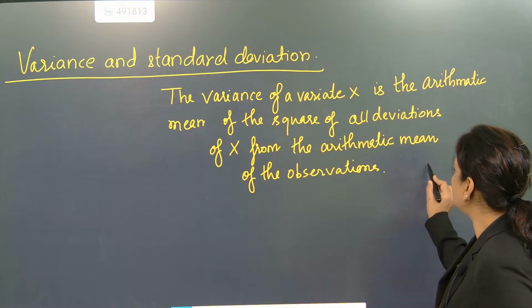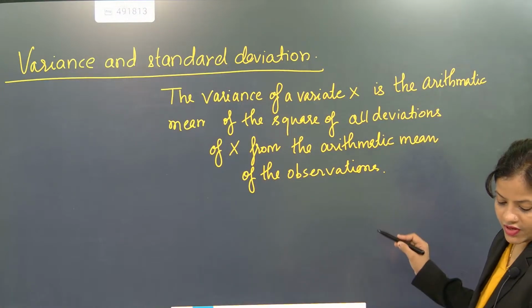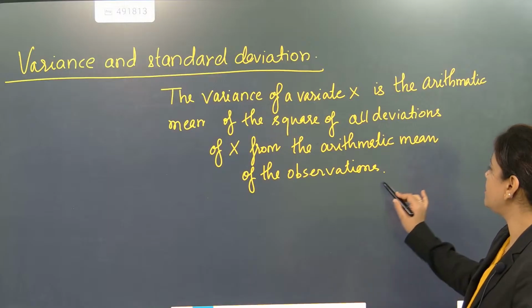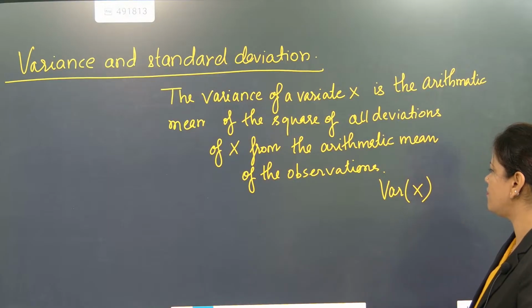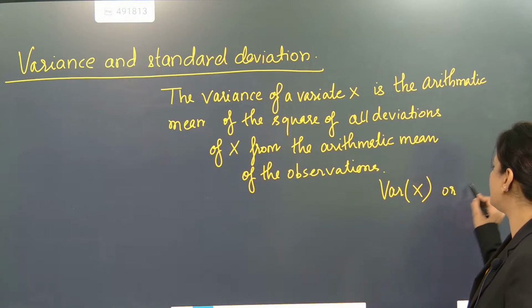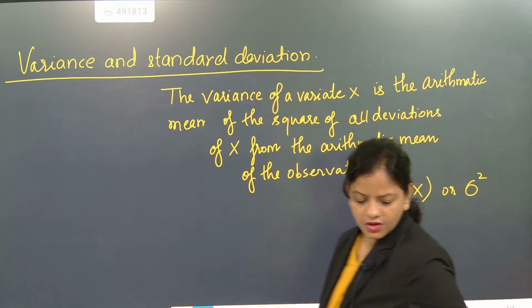Variance can be written in two ways: either this, or this square. So this is the symbol of variance.